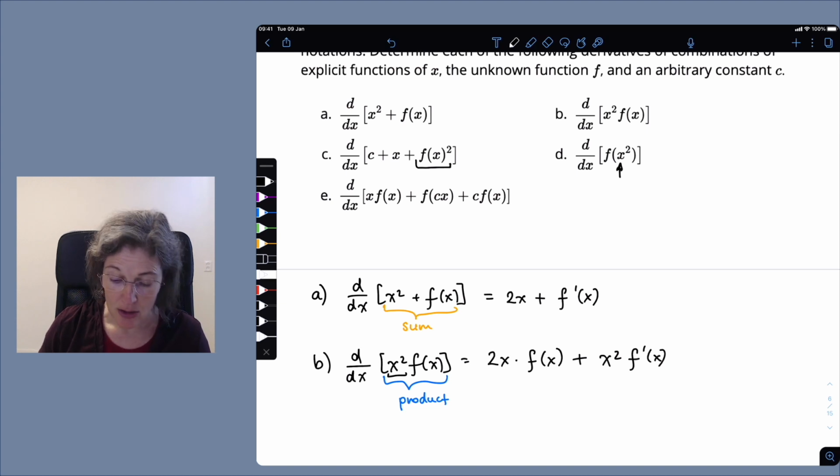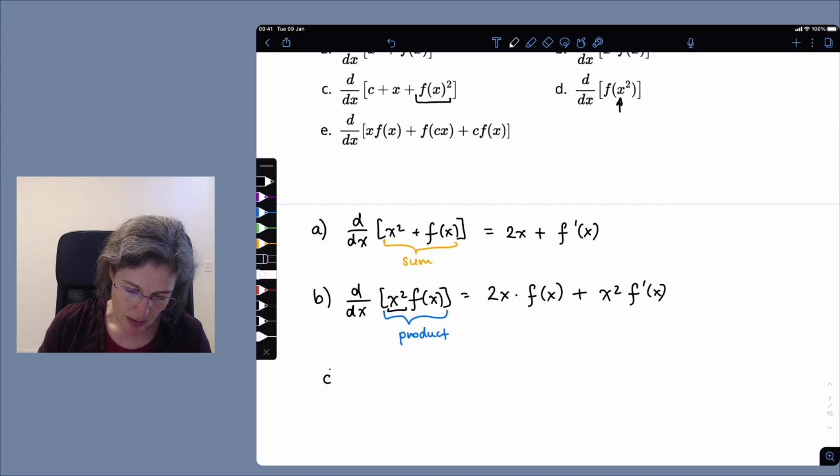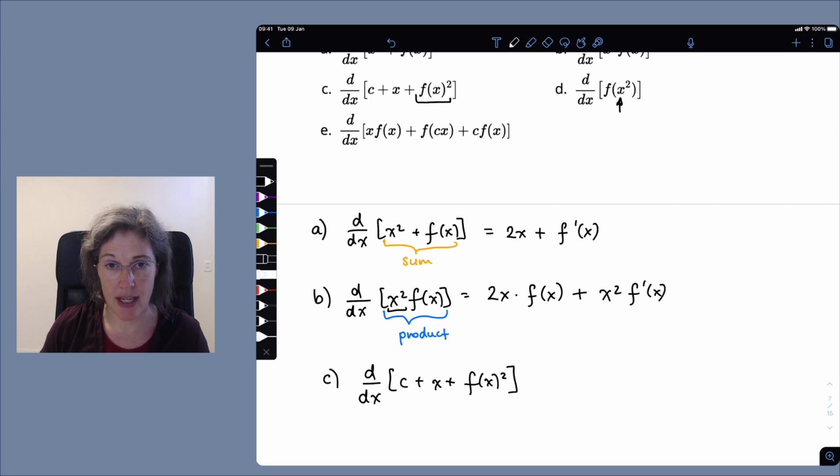Okay, straightforward. So if we move on to c, now let's have a look. We've got d by dx of c plus x plus f of x squared. So this again is a sum. So we're going to have the derivative of the first term. Derivative of a constant is 1. Derivative of x. Sorry, the derivative of a constant is not 1.